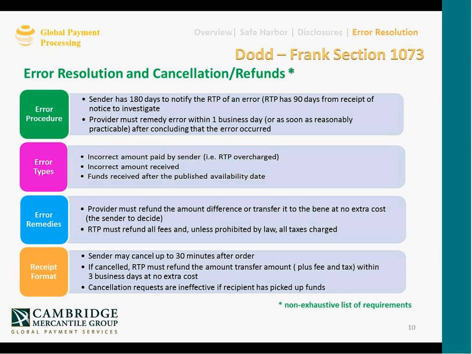The next error is that an incorrect amount was received by the beneficiary. You have disclosed on the disclosure statement the amount of funds the beneficiary will receive. Now, they can say, well, you said they're going to get 500 euros and they only got 495 euros. If they come in and fill out an error resolution form and you pass it on to Bankers Bank Kentucky, Bankers Bank Kentucky gets it to Cambridge, and we go through our investigation of the process, and we determine that the $5 fee was actually a beneficiary bank fee.